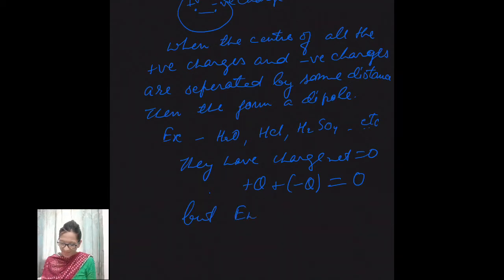The net electric field is not equal to 0, because according to the superposition principle, at different points the electric fields due to positive charge and negative charge do not cancel each other.